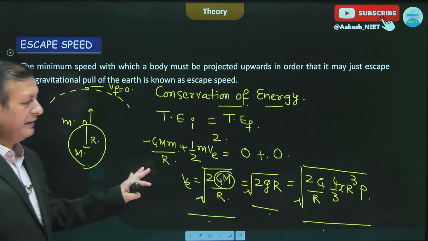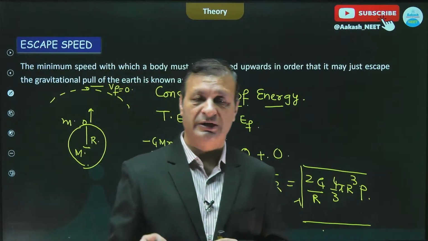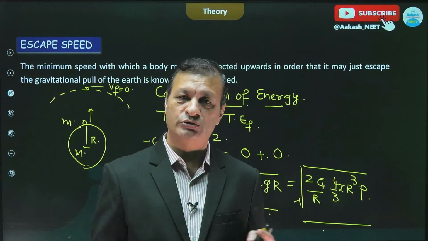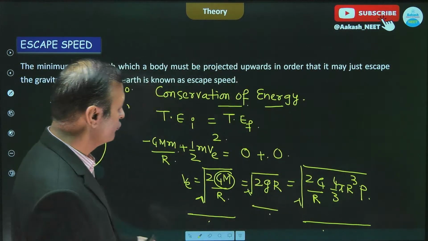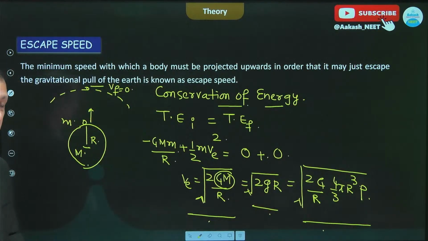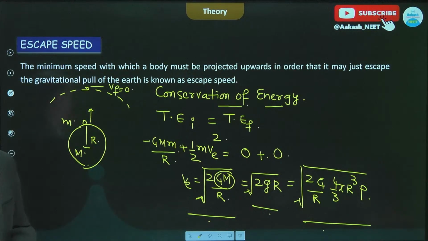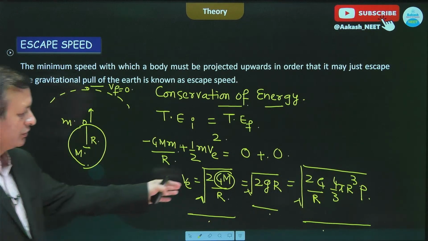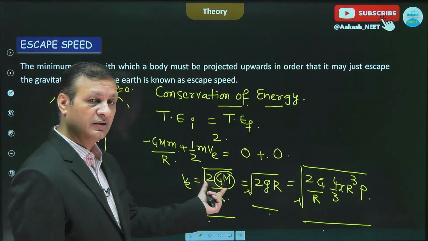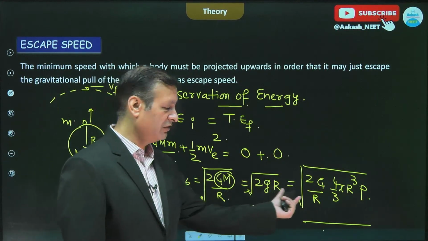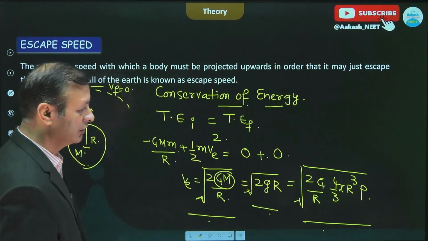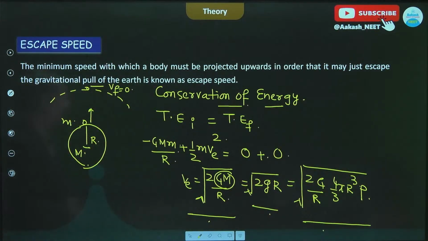Depending on the numerical values given, we may be asked to find the escape speed for any surface of any planet. So depending on the data given, we may use the second formula, or go with the third formula. Any doubt from this part?